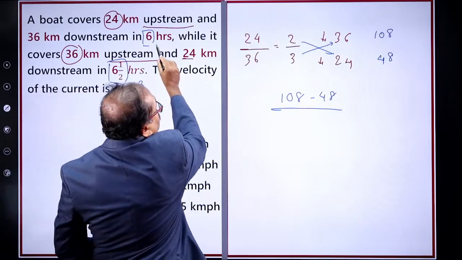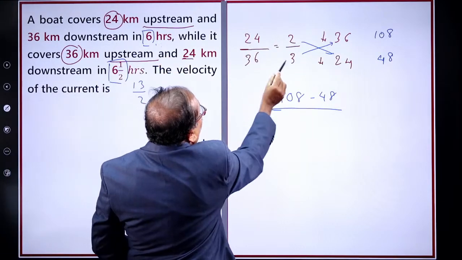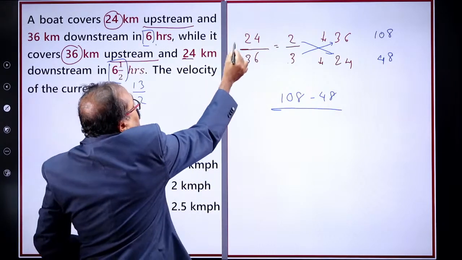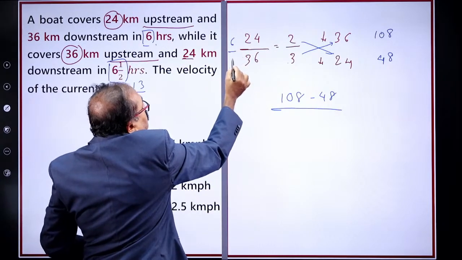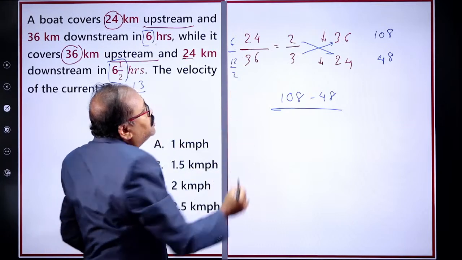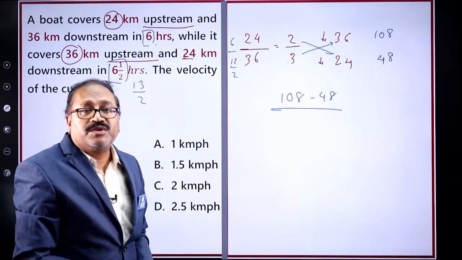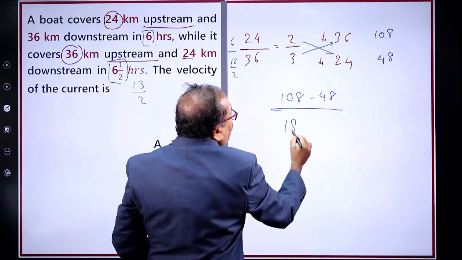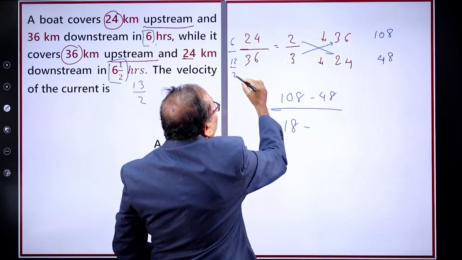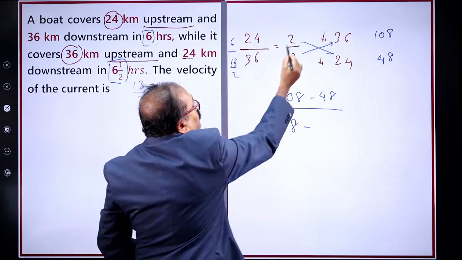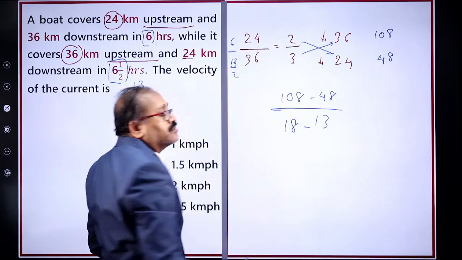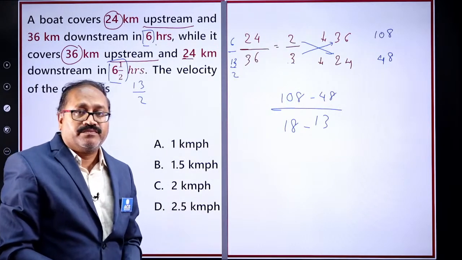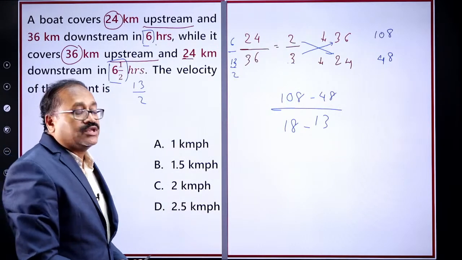In the first case it is 6 hours and in the second case it is 13 by 2 hours. Again here, go for the cross multiplication. That is 3 into 6 is 18, minus 2 into 13 by 2, this is 13.